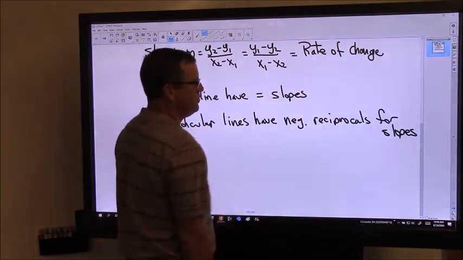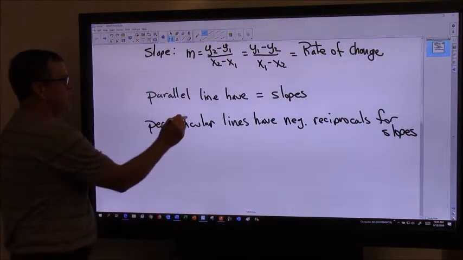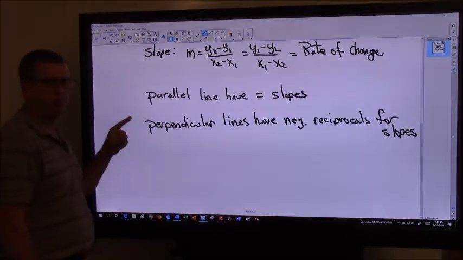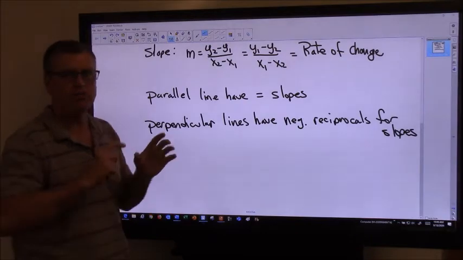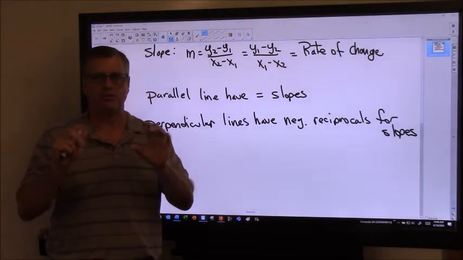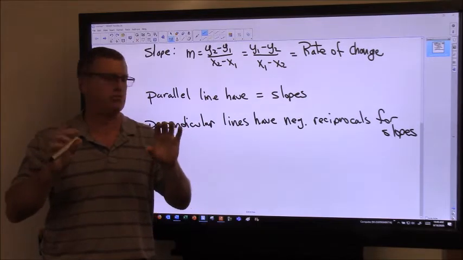And let's just make sure that we know what that means, because a lot of times people think perpendicular slopes have opposite slopes. And opposite just means plus or minus. The opposite of 5 is negative 5. Those are not perpendicular slopes, okay?